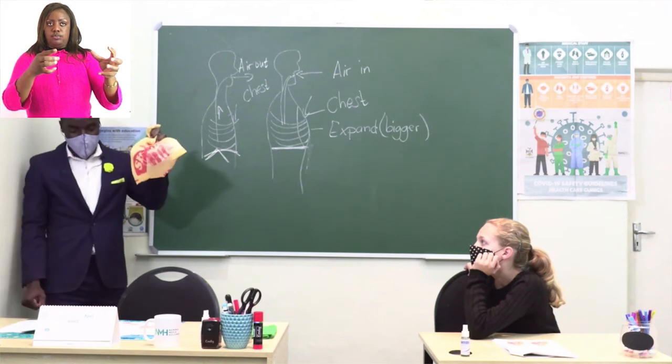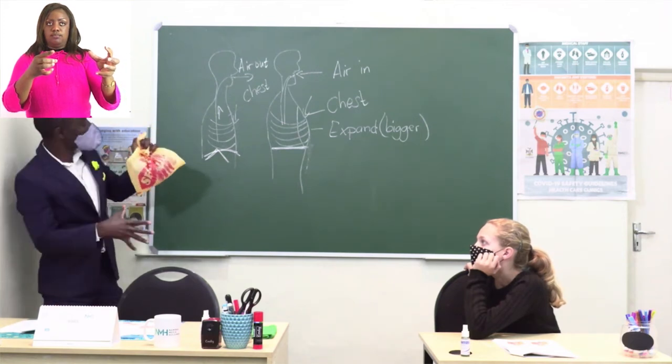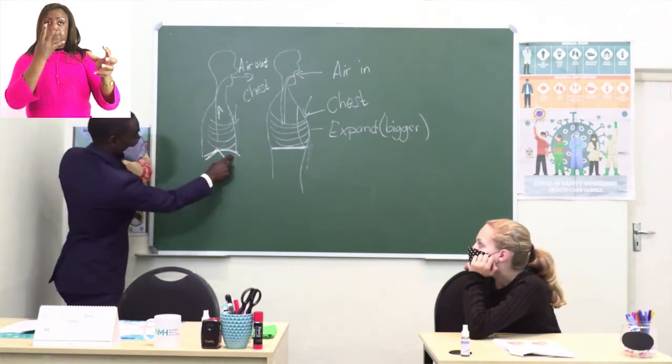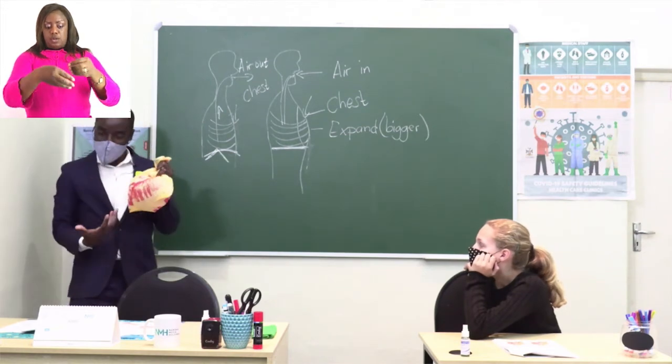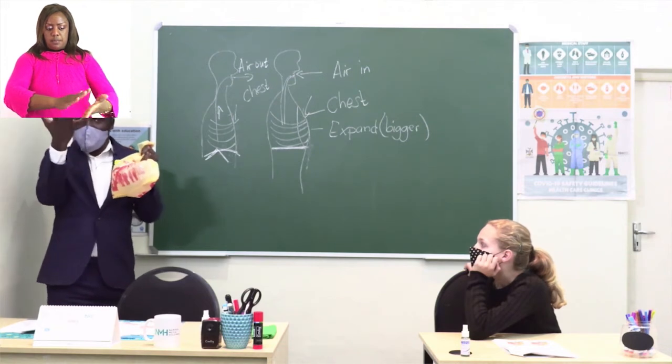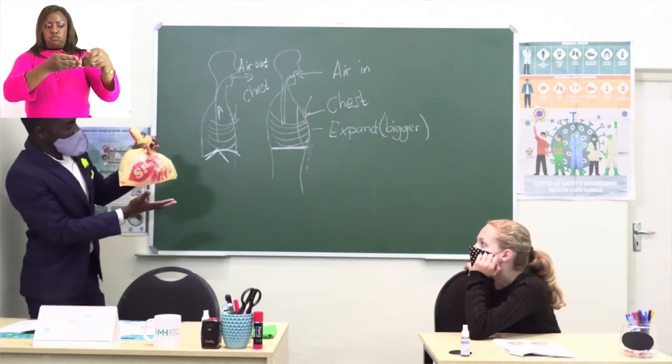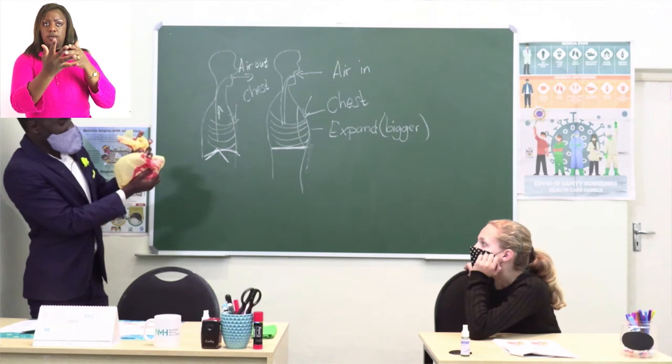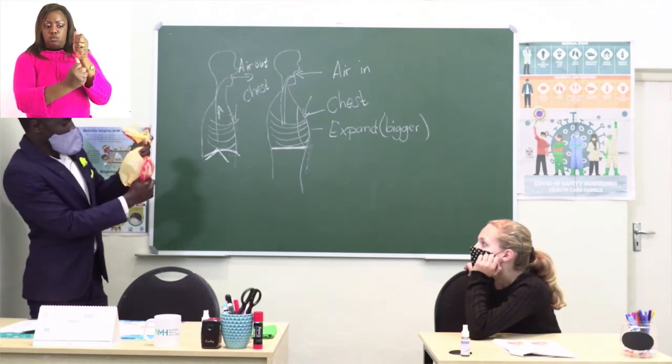That's breathing in. Breathing out, we say that the diaphragm is underneath your lungs, and squeezes the air outside the lungs. My hand is going to act as a diaphragm. The diaphragm now forces the air outside the lungs.